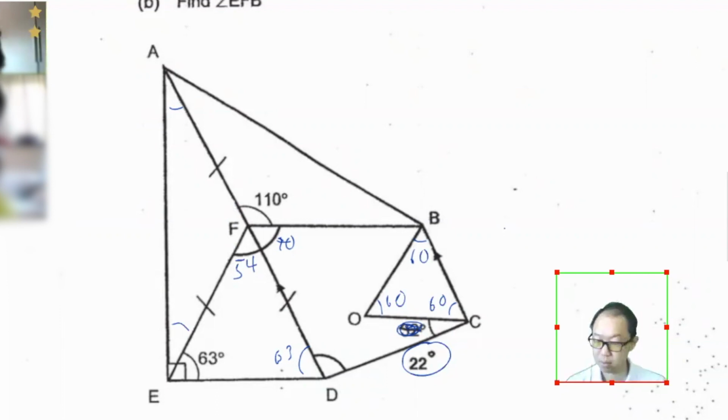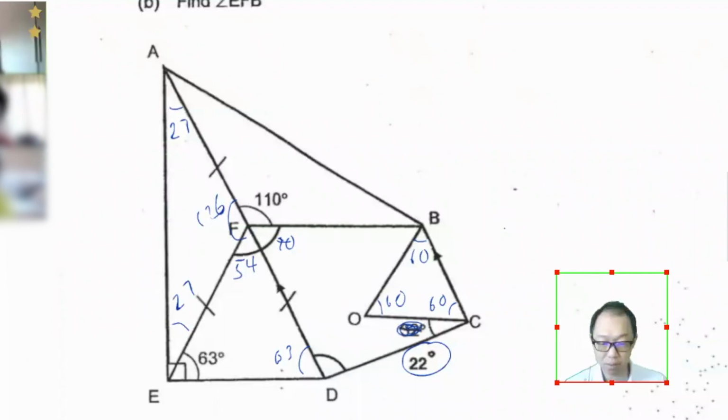It's 126. Okay, so I can find the other small angles. 180 minus 126 divided by 2. This is 27, 27. Okay, so what I'm doing is I'm just writing out whatever I know without looking at or finding out other stuff.